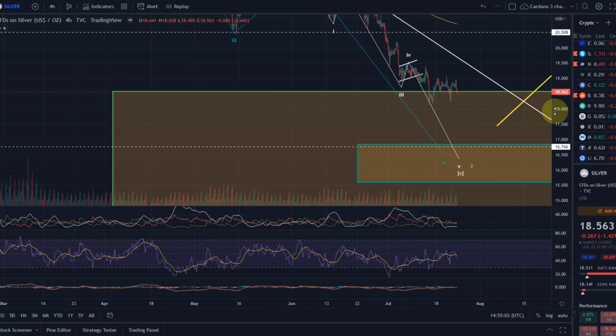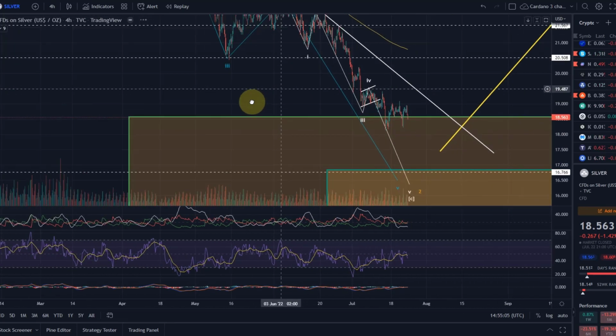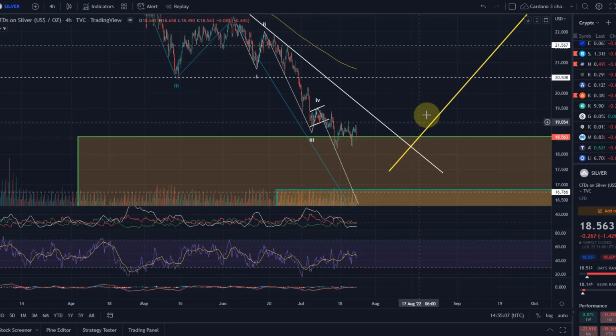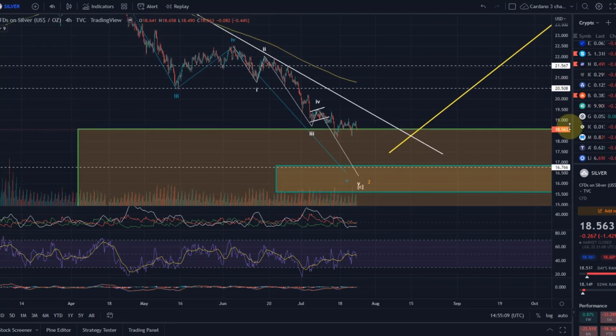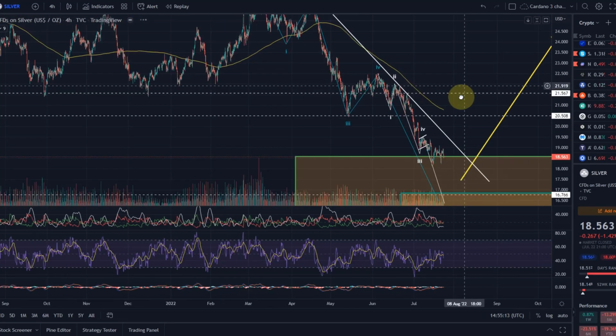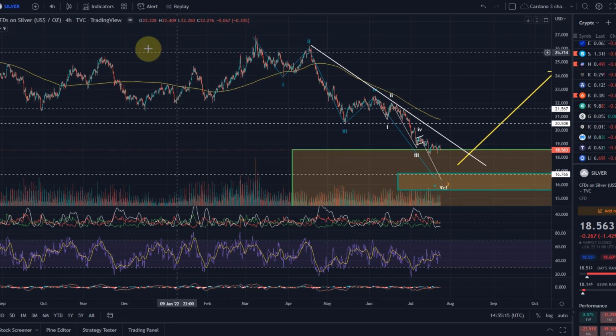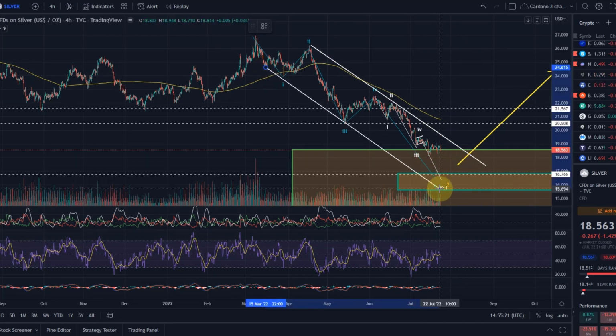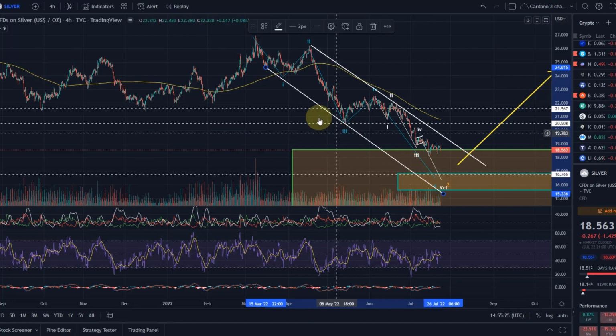So that's currently how I see silver. I don't think we have reached the point of massive recovery yet. In addition to breaking above the wave 4 high, just take a look at this channel in which we currently are. I haven't drawn a channel, but I've drawn that descending trend line. A break above that one would be needed also to give a little bit more confidence that we have finished the overall correction.